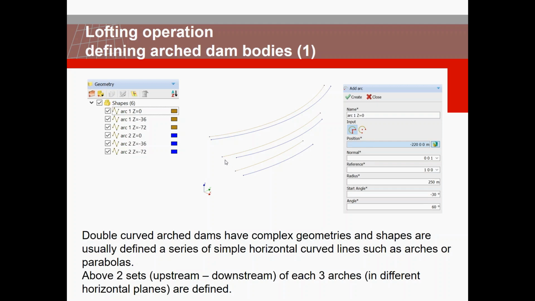One is from one side of the abutment to the other, and the other curvature is from top to bottom. Most engineers have certain formulas to create these parabolic curves, and they can generate these curves for the upstream and downstream. These can easily be generated in a parametric way.